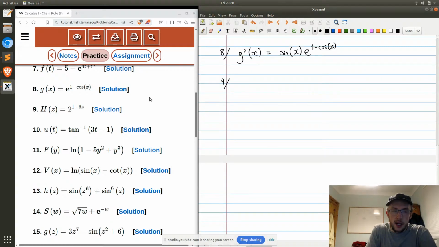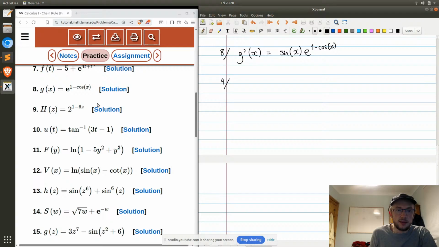Next, h of z is 2 to the 1 minus 6z. Here we are differentiating a to the x. The derivative of e to the x is e to the x, as you know. And what about d by dx of a to the x? That's ln a times a to the x.